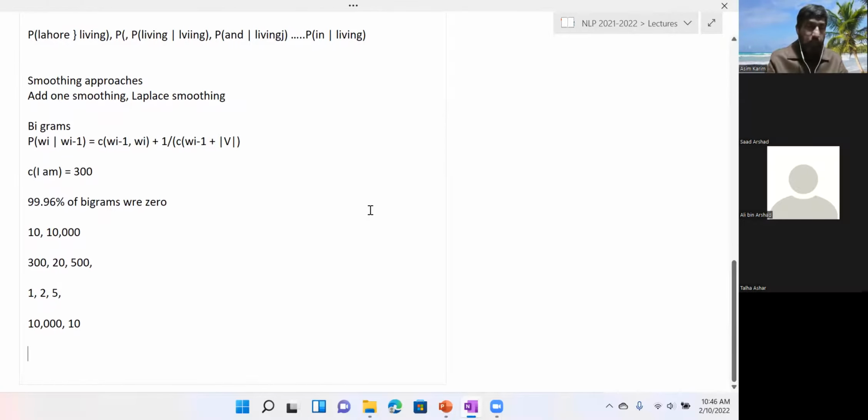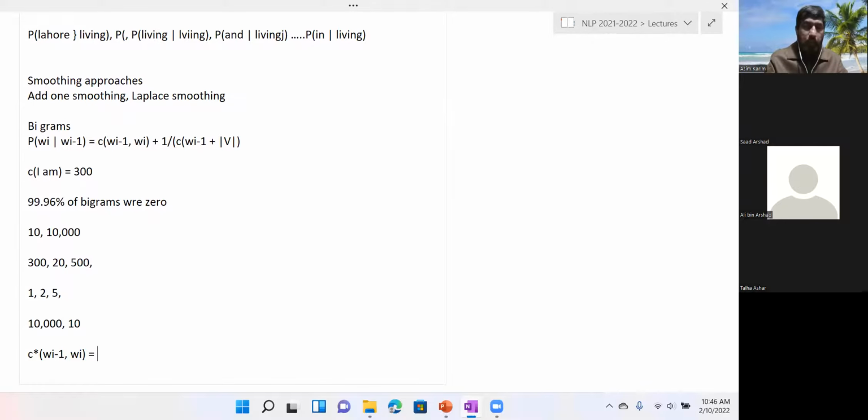You can also understand this by computing the reconstituted counts. Reconstituted counts means the counts after you have added the one, so the new counts would be significantly smaller. How can you do that? Let's say the new count is C star of any bigram W_{i-1} W_i.